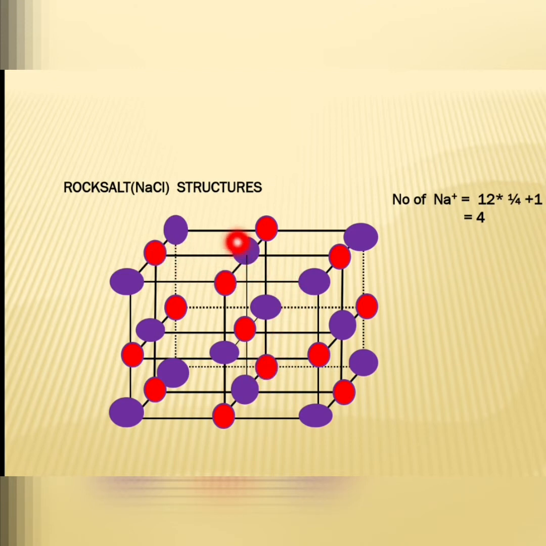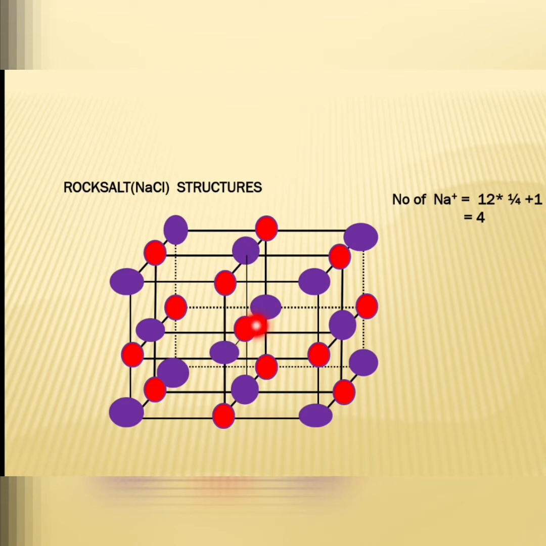The position of the sodium ions is that 12 ions are in the edge centered positions, 1 2 3 4 5 6 7 8 9 10 11 and 12, and 1 ion is in the body centered position.